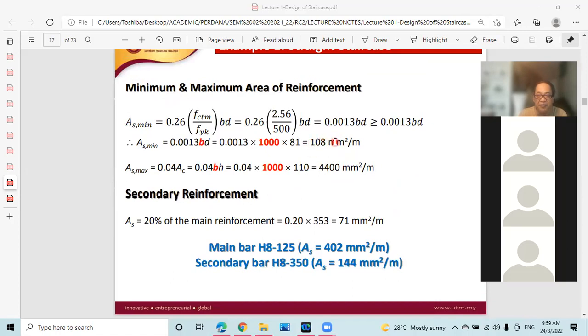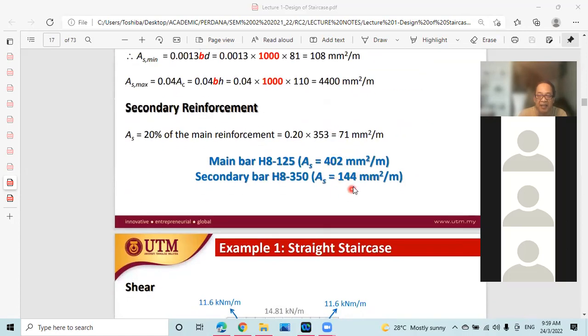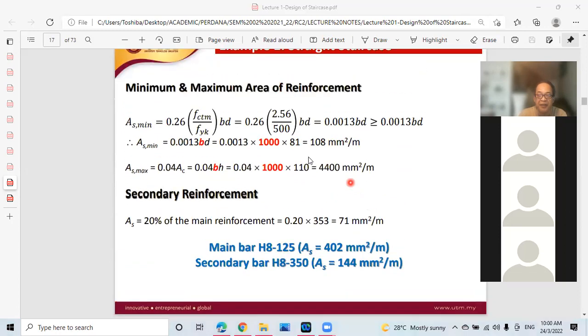AS minimum is 108, so we use anything bigger than 108, which is enough. So the secondary bar can be referred to AS minimum or at least 20% of the main reinforcement. The 20% is only 70, less than AS minimum, so AS minimum is used.